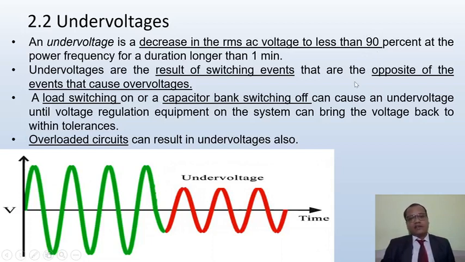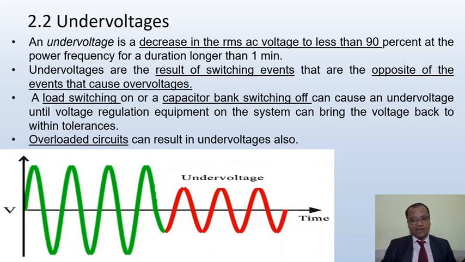Now again, undervoltages are the result of switching events. As we already discussed, they are not caused by faults. The opposite of over voltages, a load switching on or a capacitor bank switching off can cause an undervoltage until voltage regulation equipment on the system can bring the voltage back within tolerance limits.